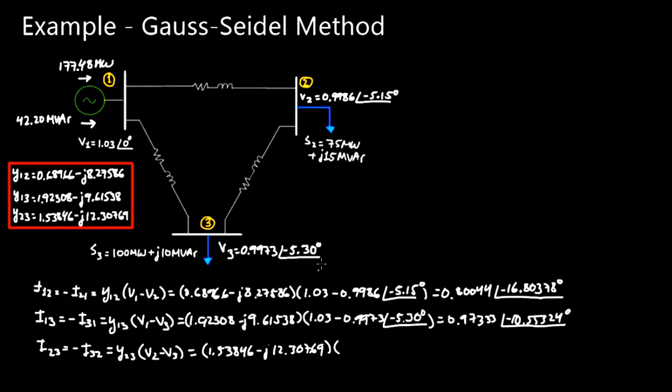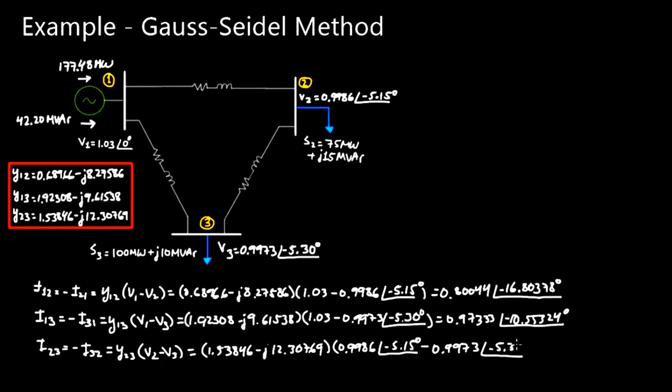All of that times V2, which is 0.9986 at an angle of minus 5.15 degrees, minus V3, which is 0.9973 at an angle of minus 5.30 degrees.